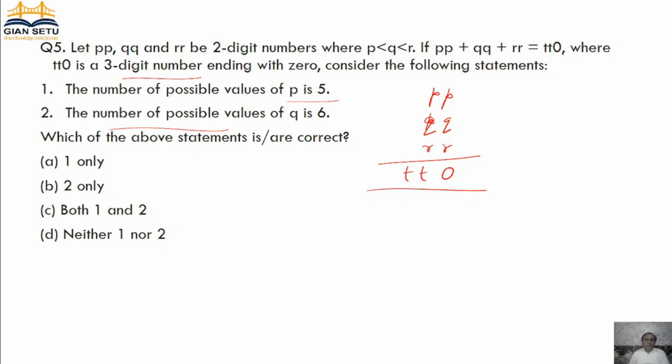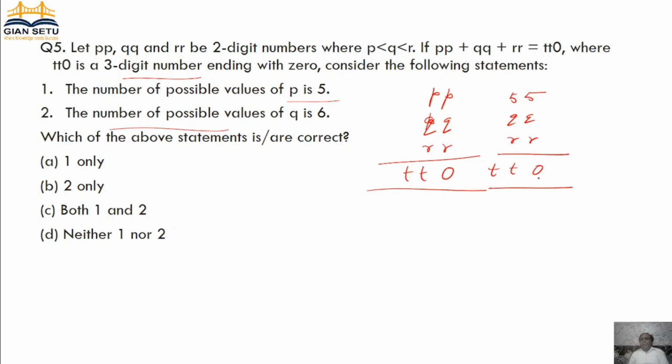Now, to prove that statement 1 is correct, we need to find at least one case which satisfies this condition. That is, when we add all these numbers, then we must get the sum in this form. Now let's see. When P is equal to 5, we can have 55 here, then QQ, RR, TT0.